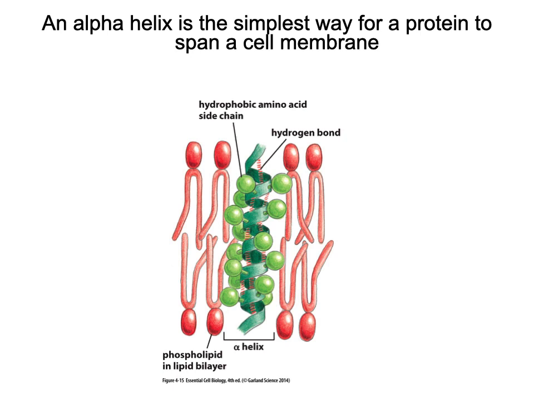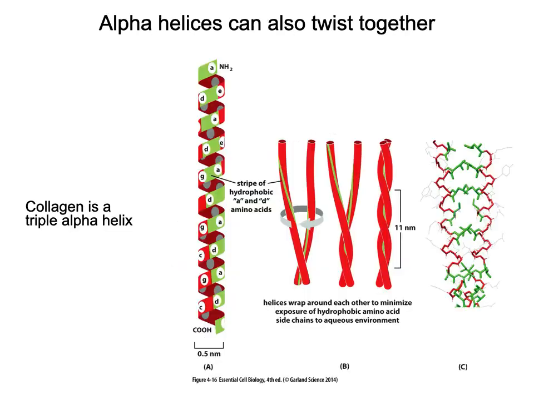And so this hydrophobic region here doesn't want to be around the water, and so that biphospholipid layer creates kind of like a place for it to go. Alpha helixes can also twist together to create more complex structures.